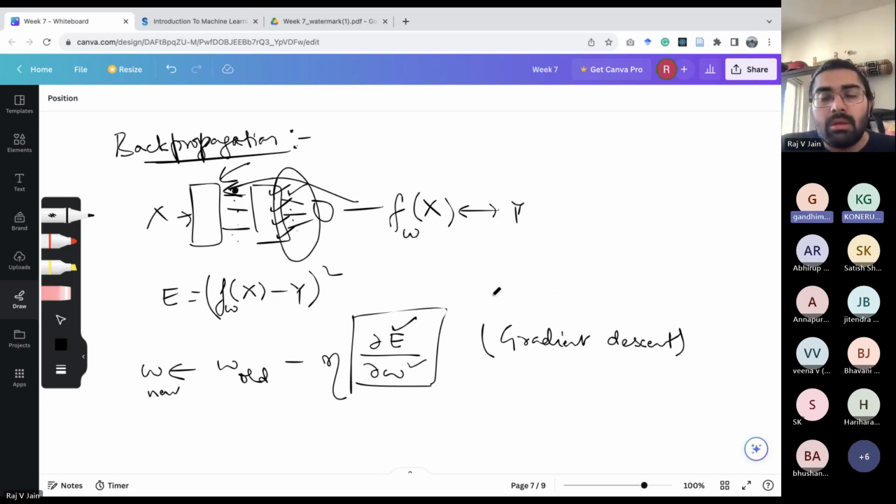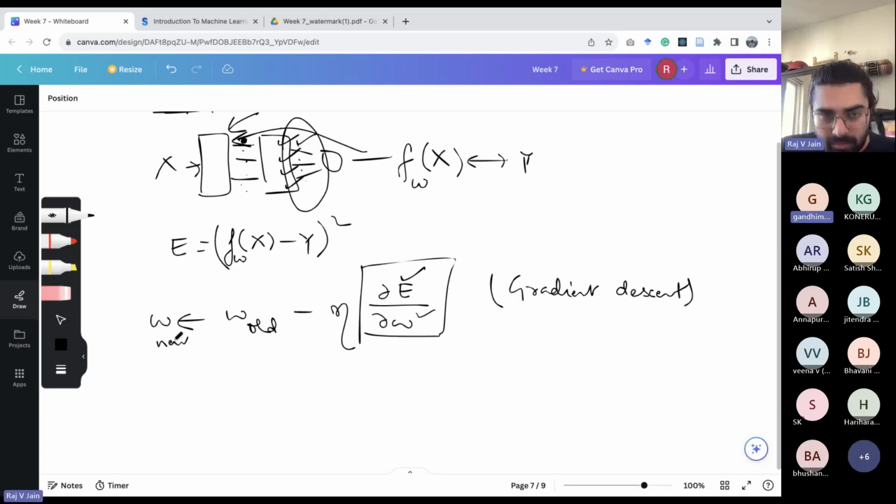So we have to change the weight. Yes. We want to keep changing the weight so that we keep going towards the local minima where dou E by dou W becomes zero. To reduce the error, we are changing the weight. Once we do not get the error at that stage, the weight updates will not happen.